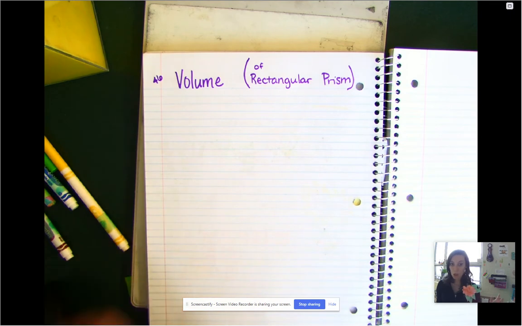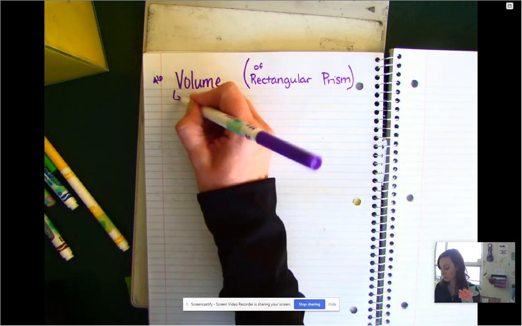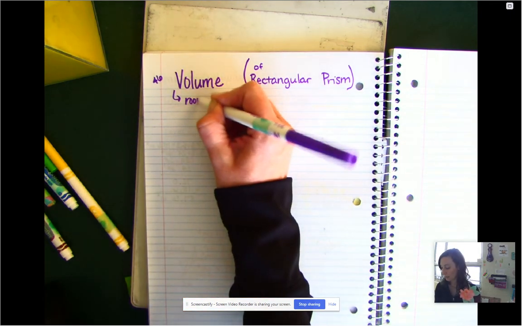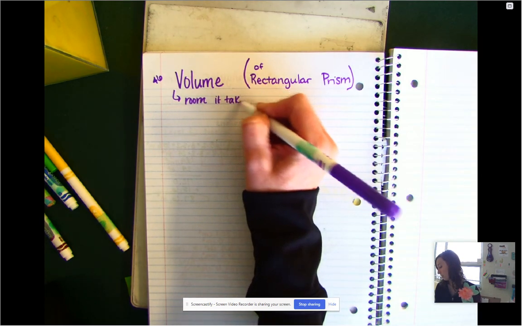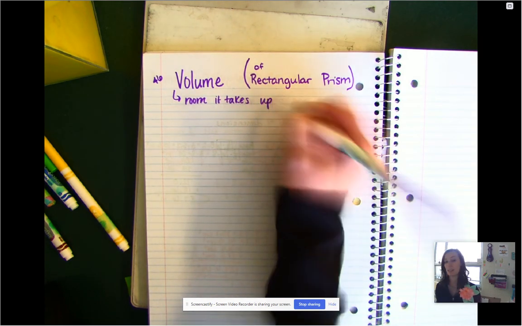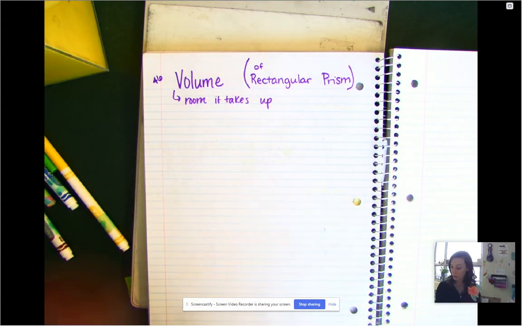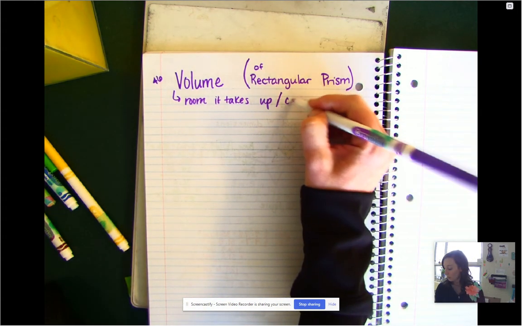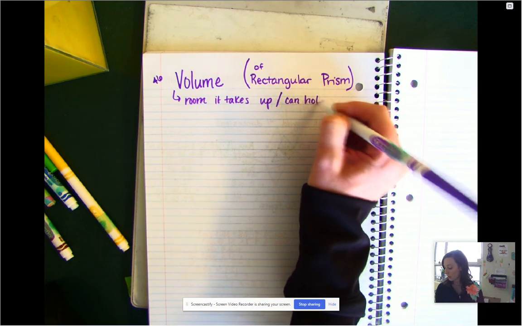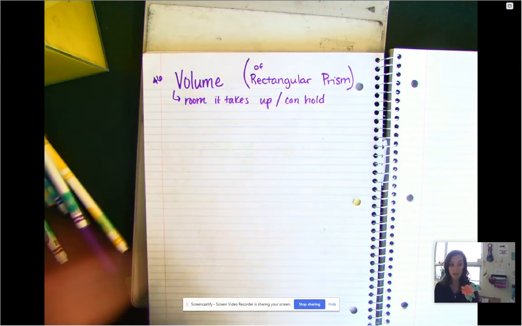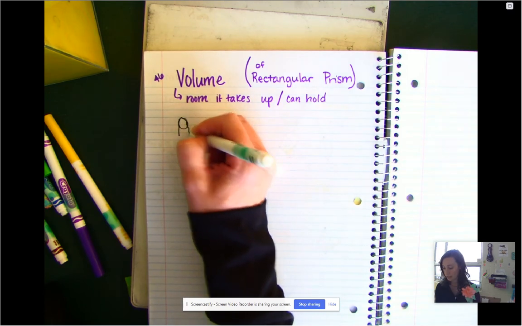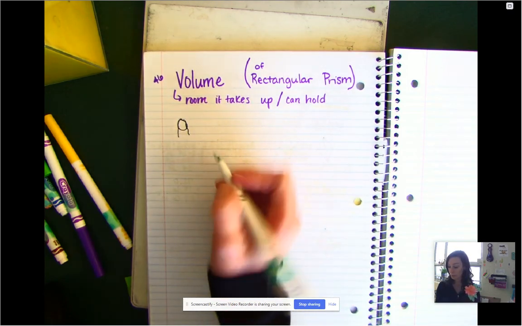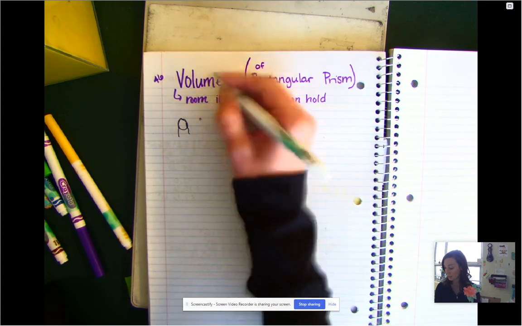Now, volume is how much room something takes up, or the room that's inside of something. So the volume of your bathtub is how much water it can hold. But you also will see volume used to mean, if you have really fine hair that just sort of lays there, and you use a shampoo that promises to increase volume.